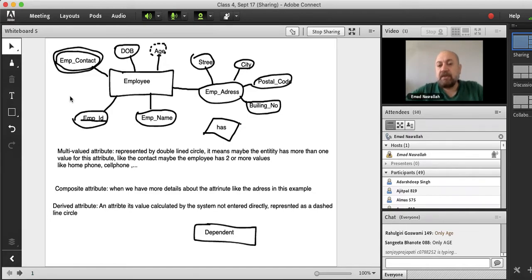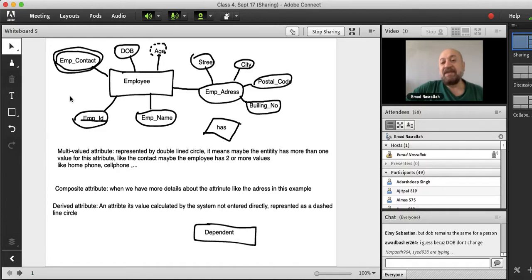Only age. Why only age? Who can tell? Why only age, not both? Yes, the date of birth will never be changed.